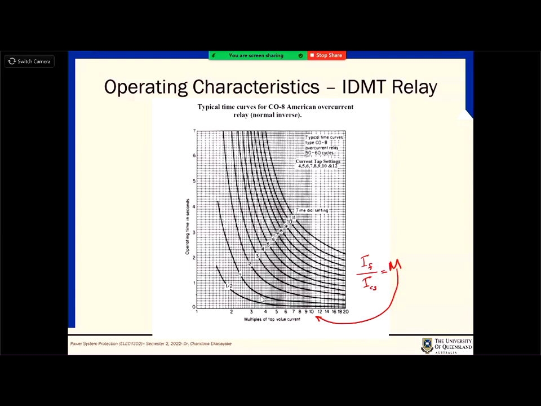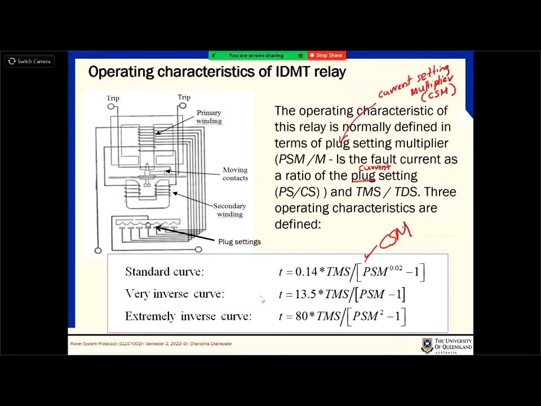The computer knows the parameters, and can use those equations to calculate the operating time. So you don't have the characteristic curves, but you have equations to define the operating time of a relay for a certain time multiplier setting and a current setting multiplier or plug setting multiplier.